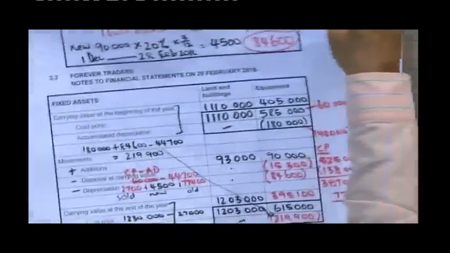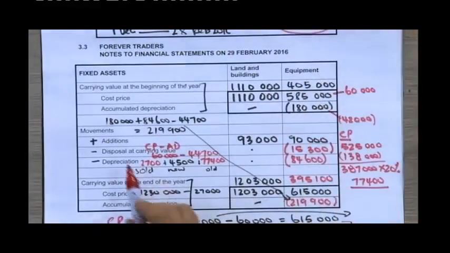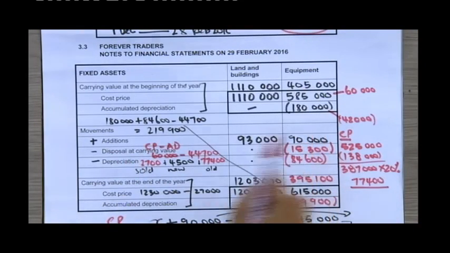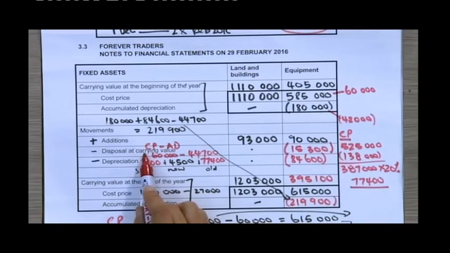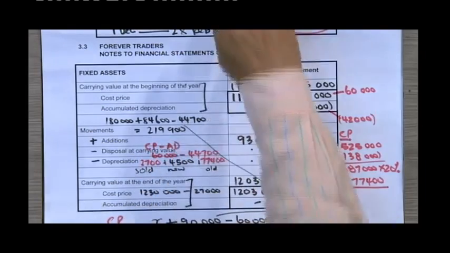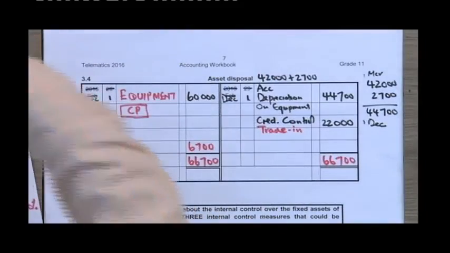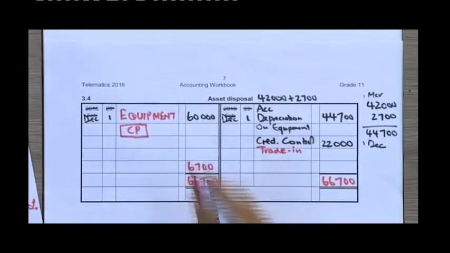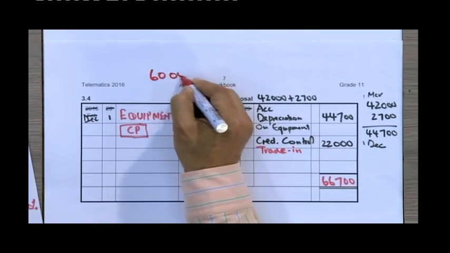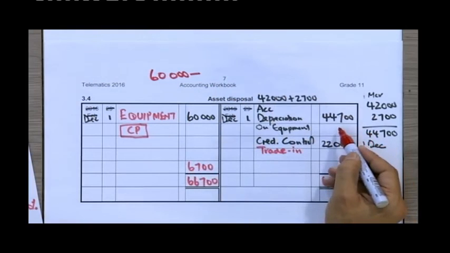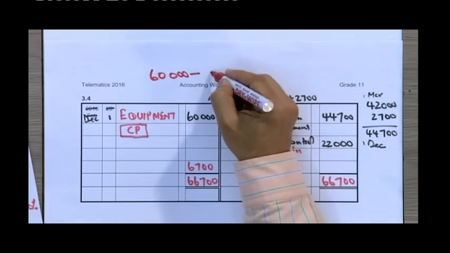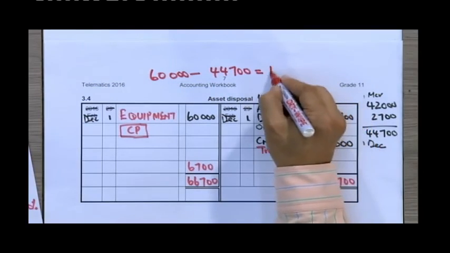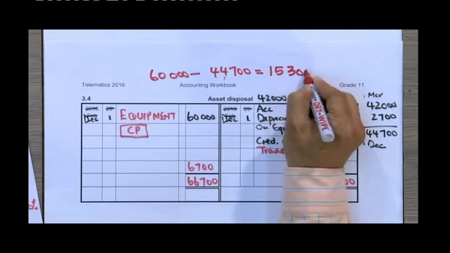There's a line in the fixed asset note that says disposal, which refers to the asset disposal account, at carrying value. Carrying value is cost price minus accumulated depreciation. So if I look at the asset disposal account, I have the cost price of 60,000 minus my accumulated depreciation of 44,700, and I get an answer of 15,300.